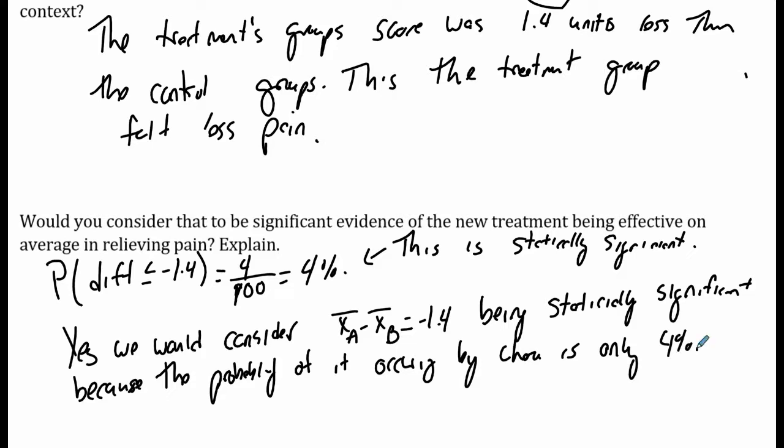So because the probability that our diff value occurs was only 4%, that's not likely to happen by chance, so there is a statistical significance to that value. So we can say that this treatment is effective. We can say that treatment A is actually effective compared to that control group.